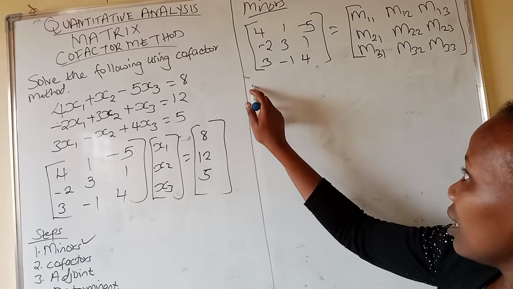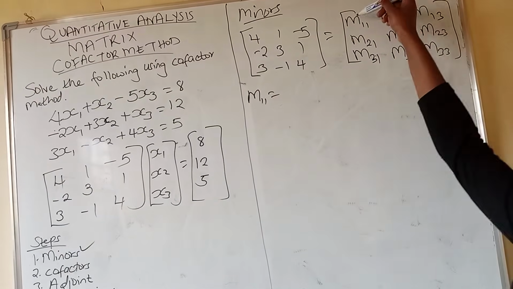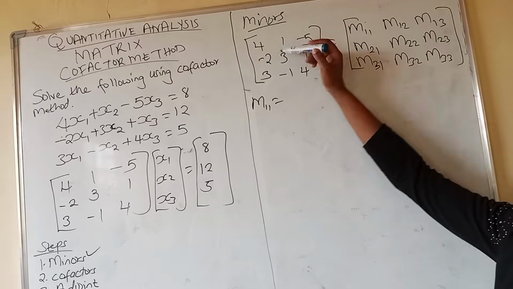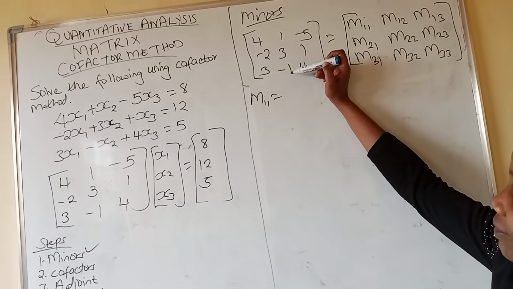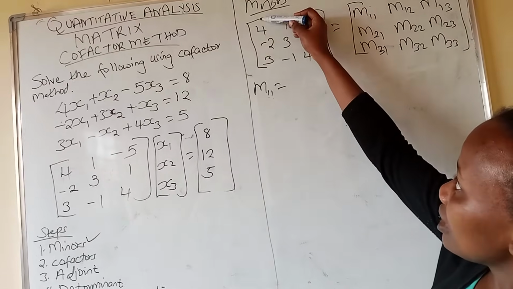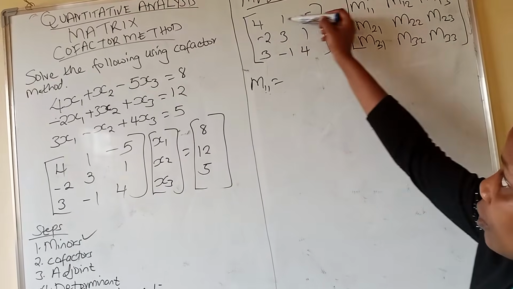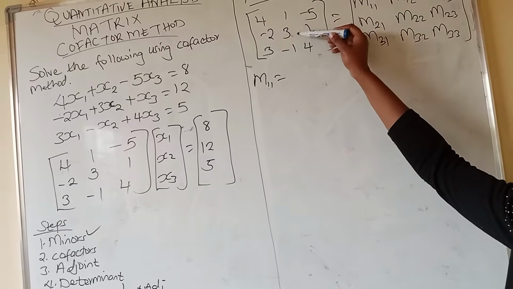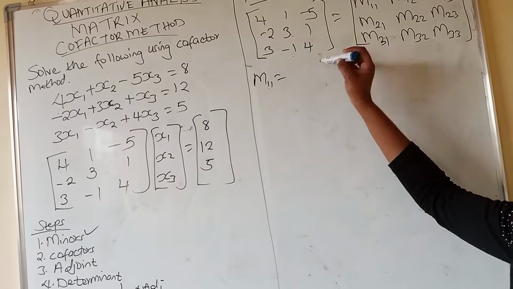So to get the minor M11, you are going to use the values that are not in row 1 and column 1, which are 3, 1, negative 1 and 4.